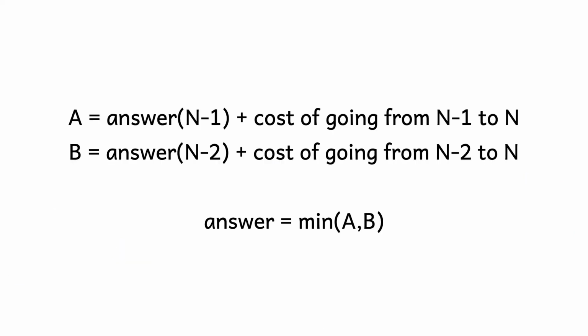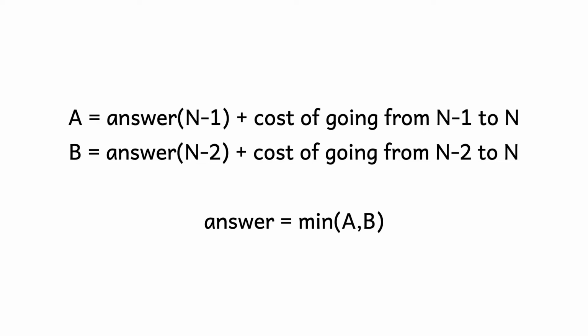More generally, it's going to be the cost of going from stone number n-1 to n added to the best way of getting to stone number n-1 itself, versus the cost of going from stone number n-2 to n added to the cost of the best way of getting to stone number n-2. Essentially, these are your two best options, and the final answer is going to be the better of these two. If there is a tie, then you can break it arbitrarily.